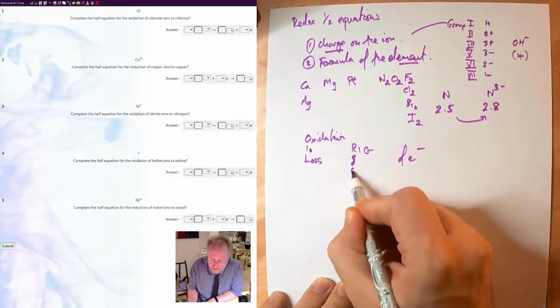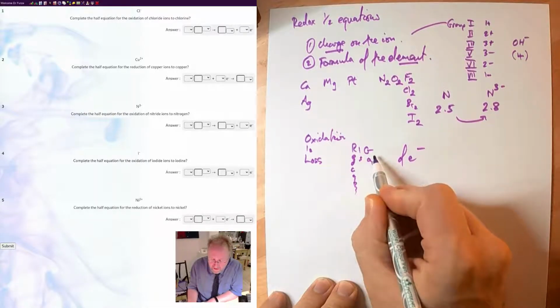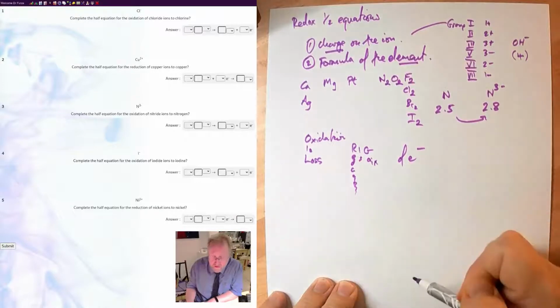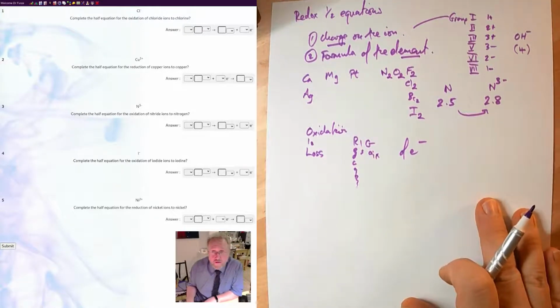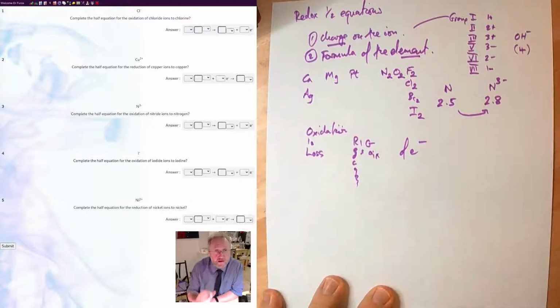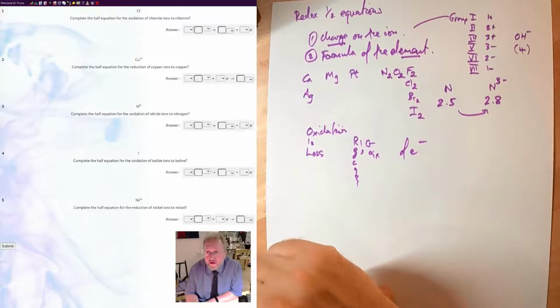Reduction is gain of electrons. Okay, so for example, let's go through the examples here. Complete the half equation for the oxidation of chloride ions to chlorine.